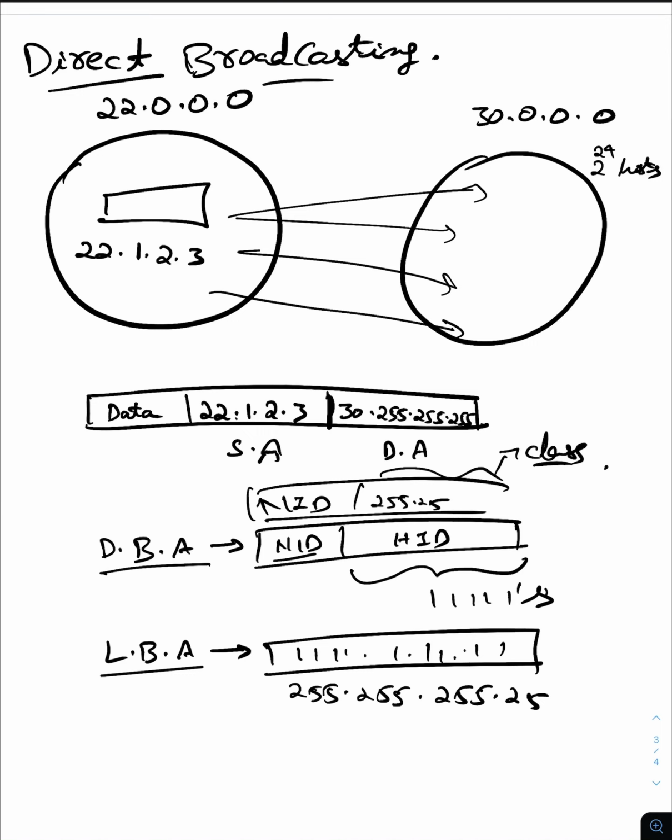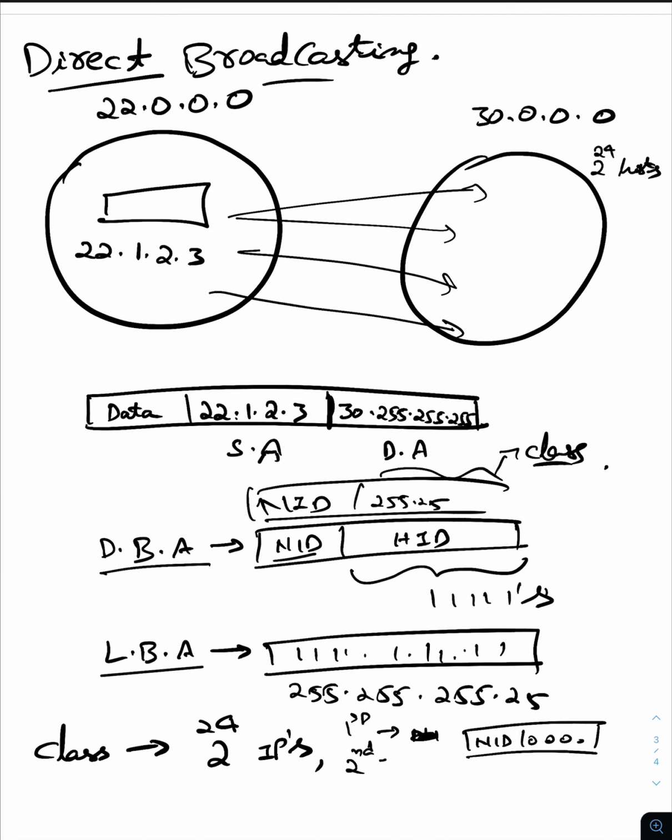As I told you in the previous class, for each class, suppose in a class A network, for each network you have 2 power 24 IPs, but I told you two IPs are reserved for a specific purpose. The first IP is reserved for the network ID, to represent a network, which is the network ID followed by all zeros.